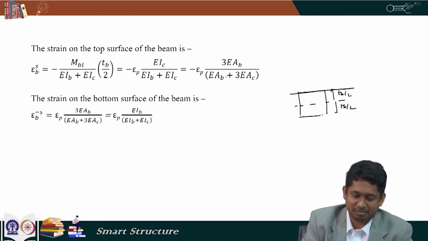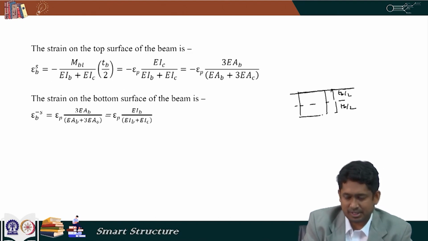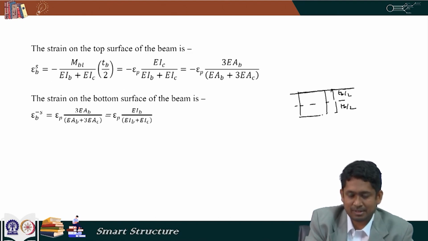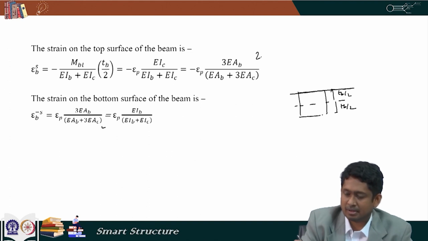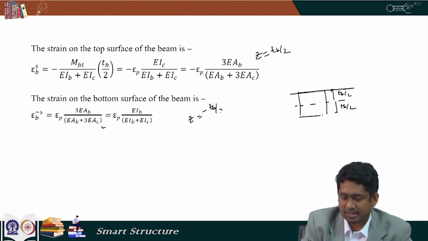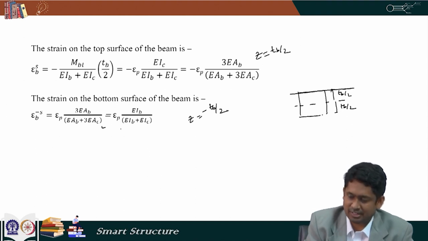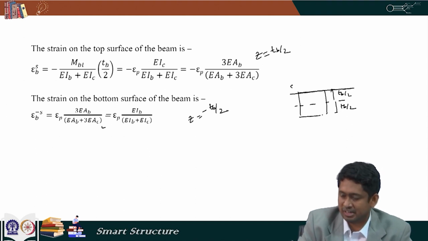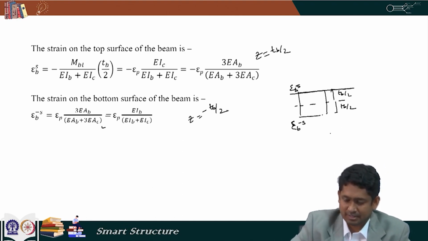Similarly, when we want to find the same thing at the bottom surface, we replace Z by TB by 2, and we get this. So we get the strains at the top surface and at the bottom surface, the two extreme surfaces.